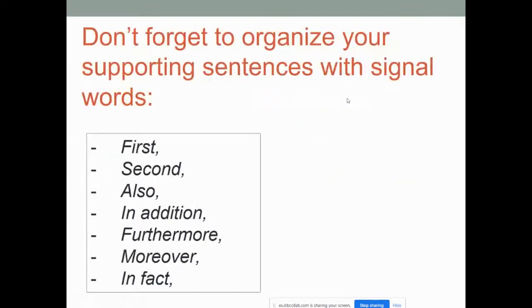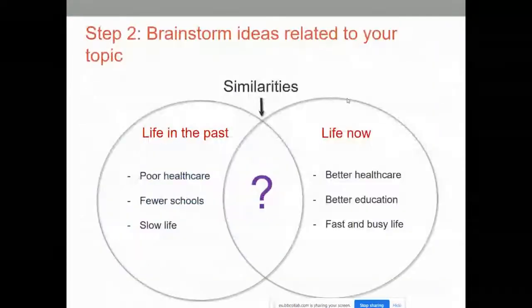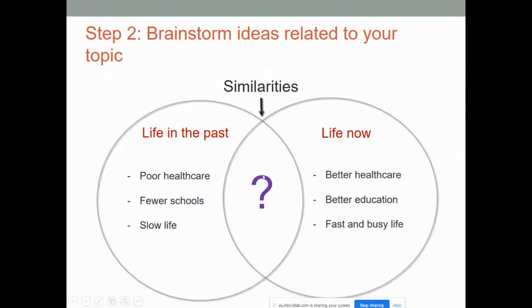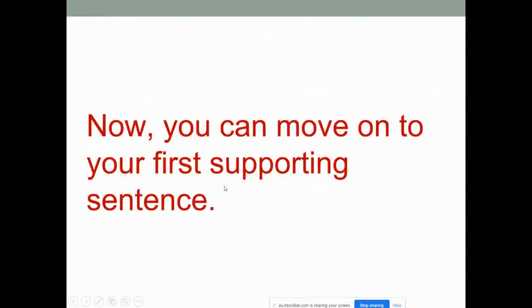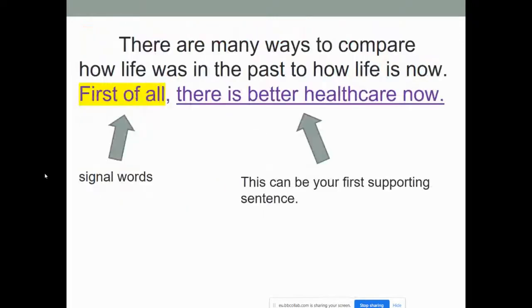This is the area which I selected here. See, look at poor healthcare and better healthcare. So I took this word and wrote a supporting sentence using a signal word, first of all. So this can be your first supporting sentence.